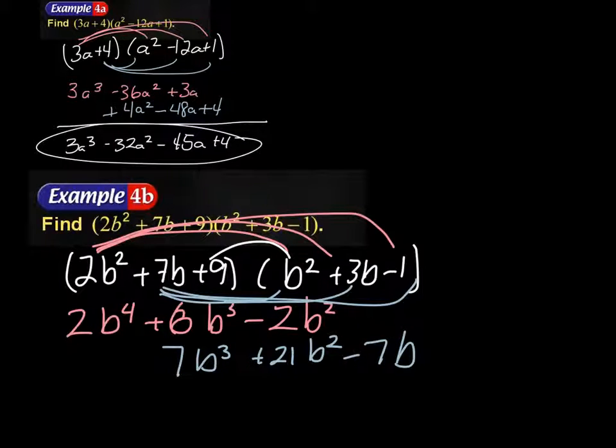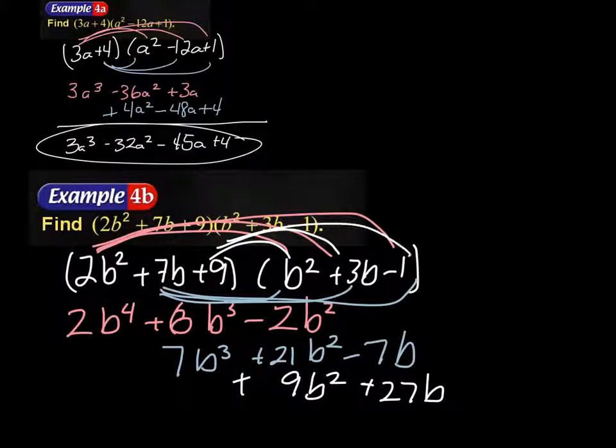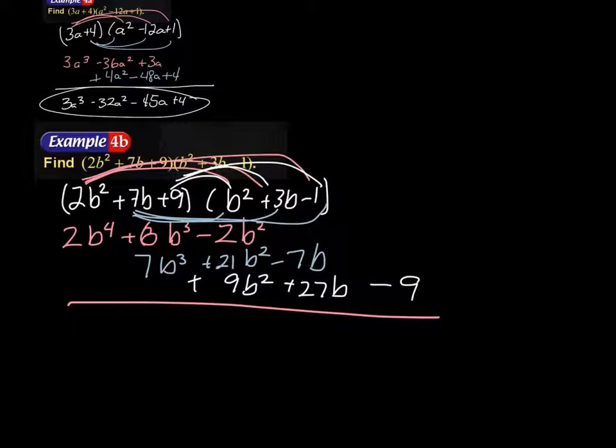So we have 9b squared plus 27b minus 9. And once again, I lined up my like terms vertically, which makes it very handy. So I have 2b to the 4th. 6 plus 7 is 13b.